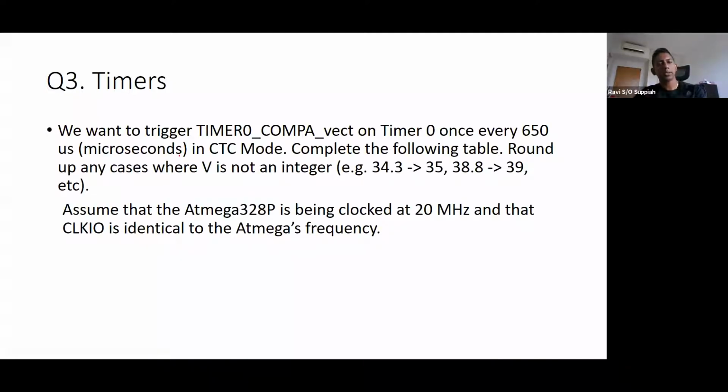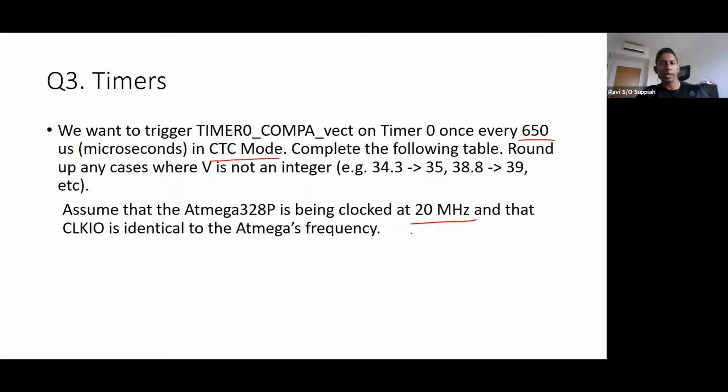So in question 3, we are told that we want to trigger the timer 0 interrupt every 650 microseconds in CTC mode. We are given a table and asked to fill it up, and we are told that in this case it's run at 20 megahertz. So again, these are things that you should take note of when the question is being asked.